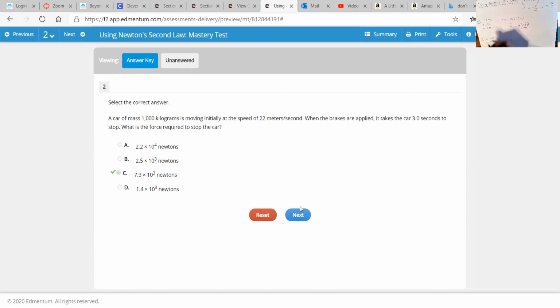And then it stops. So final velocity is 0 meters per second. They hit the brakes. 3 seconds later, it stops. And then we need to find the force required to stop the car. Let me show you.